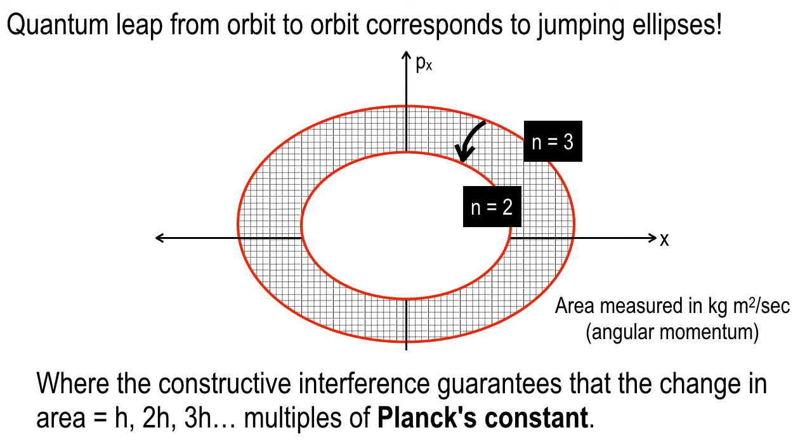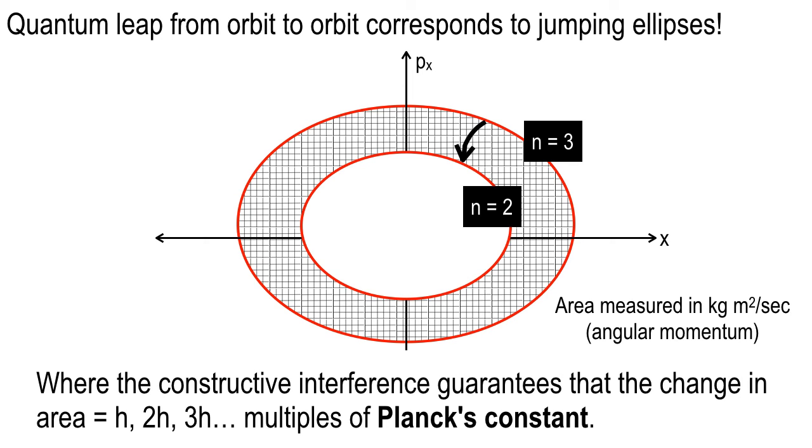And here's the cool part. If you say that an electron is a wave that constructively interferes with itself, it can only exist in certain orbits. The wavelengths won't be right to have constructive interference at any altitude, only certain orbits. And guess what?